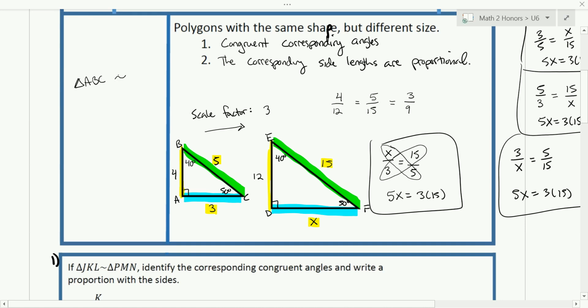We're just putting the little squiggly part. So it's similar to triangle DEF. It matters the ordering of this. The first one doesn't matter, but the second triangle that you write has to correspond. So A has to correspond with D, B has to correspond with E, C has to correspond with F. So the ordering that you write matters. And so that's the notation for similar.